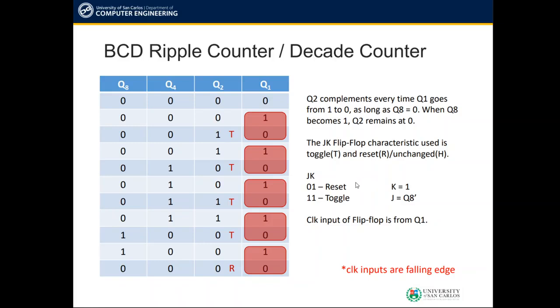You just have a direct input here. And then the value of your J is from 0 to 1 based on Q8. It is 0 whenever it is toggle, and 1 whenever it is reset. The clock input of this flip-flop is based on Q1.